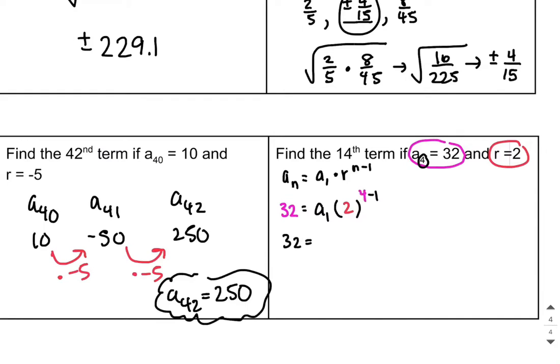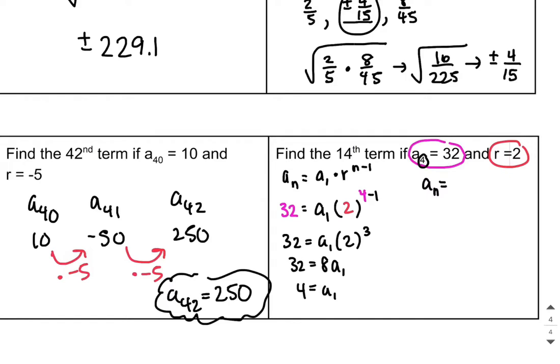I have 32 is equal to a sub 1 times 2 to the 3rd power. And then I'm going to solve for a sub 1. 2 to the 3rd power is 8. So it's actually 8 times a sub 1 is equal to 32, which means a sub 1 is equal to 4. And I'm going to use that. So now I have my final rule, I was only missing a sub 1 before.